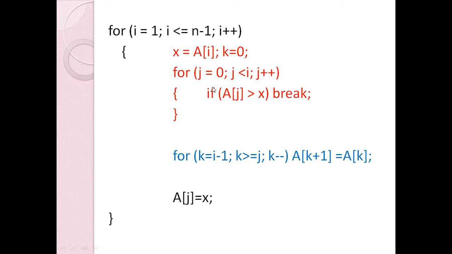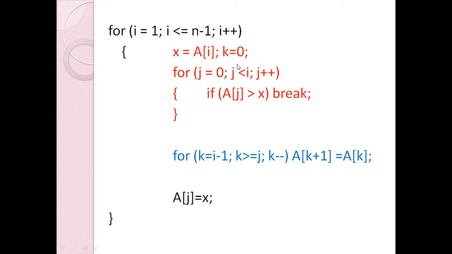What we'll do is, for j equals 0 to j less than i, moving from left to right, if a[j] is greater than x, then I break the loop. So whenever a[j] is greater than x, the loop will be broken, and we will know that at position j the element x is to be inserted.